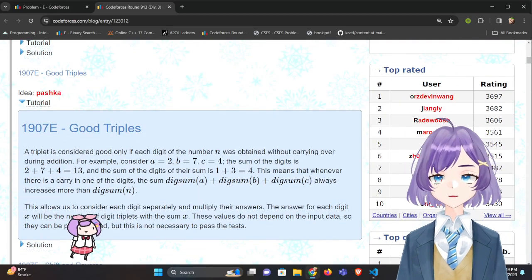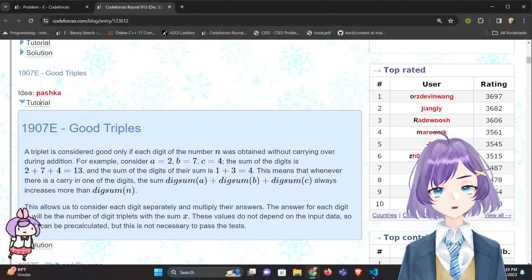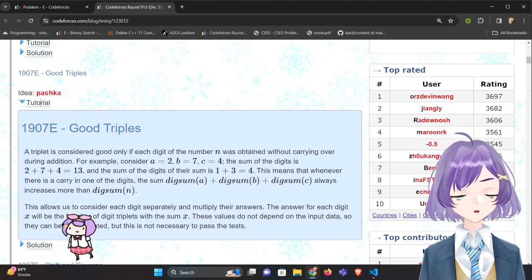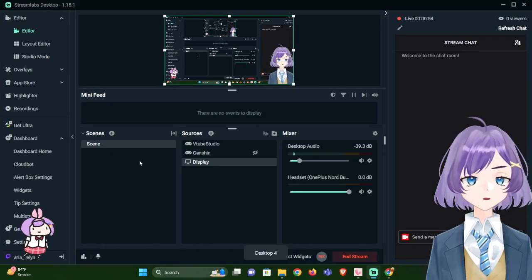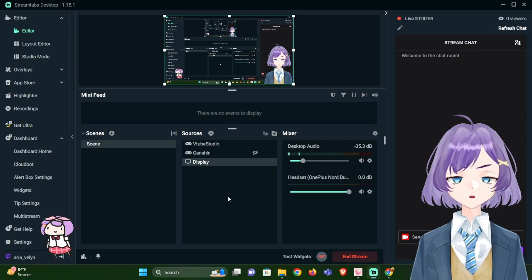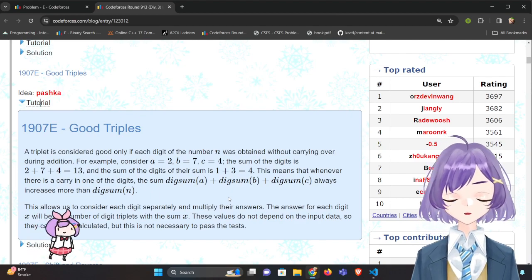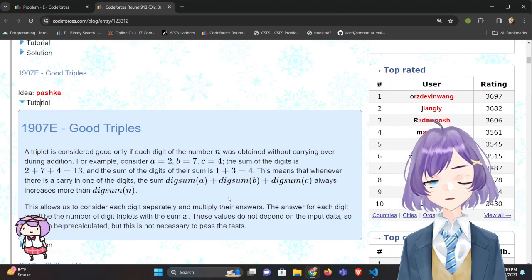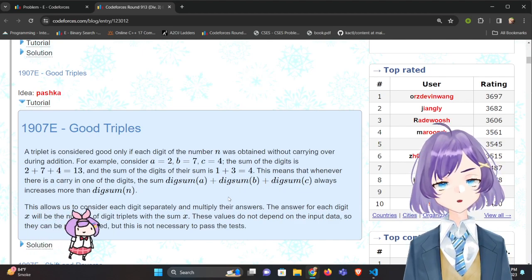A triplet is considered good only if the sum of the digits of the sum is 4.